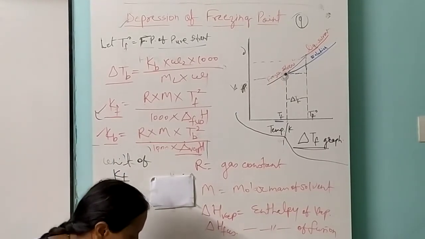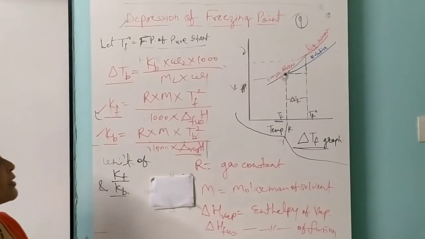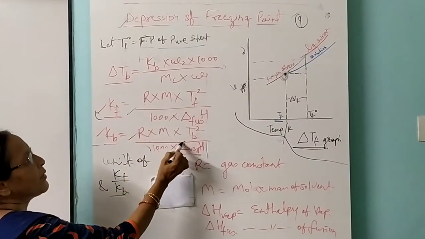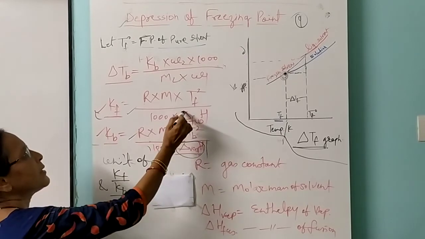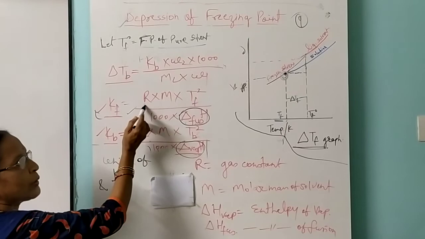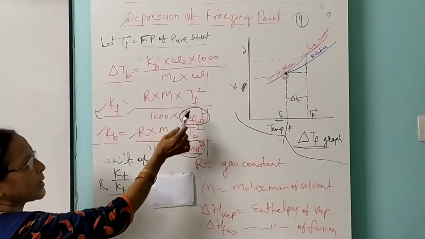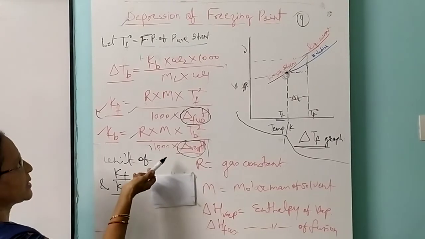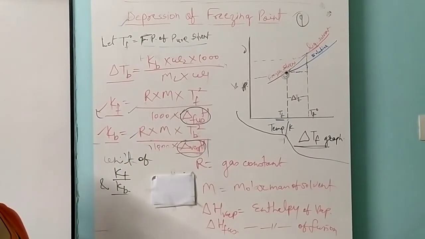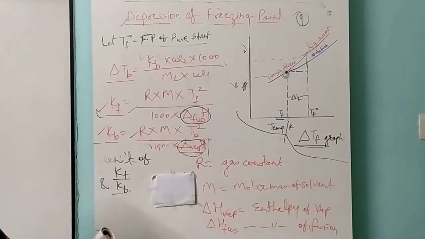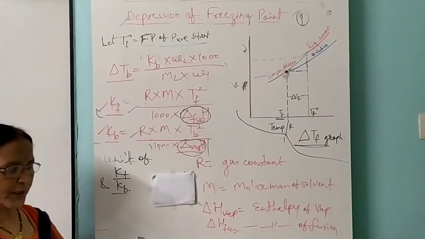While solving the problem, these formulas are very important, and in our JEE questions, generally heat of vaporization is given, heat of fusion is given. So by using this formula, the value of R is a constant, it is given to you. You can find TF, the final temperature, and 1000 is as it is, and we can calculate. Okay. Now students, this depression in freezing point is completed.